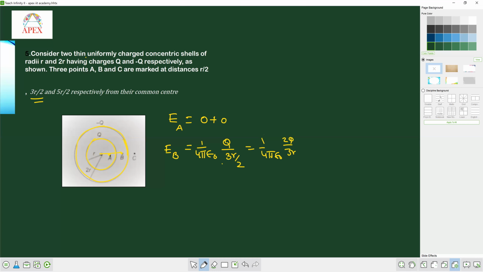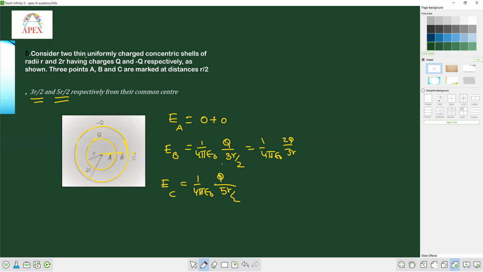And finally, the electric field intensity at point C, which is outside both shells. See, due to the first one, what is the formula? 1 by 4 pi epsilon naught, charge by distance square. The distance from the center to point C is 5R by 2.